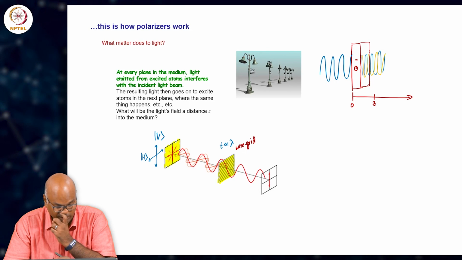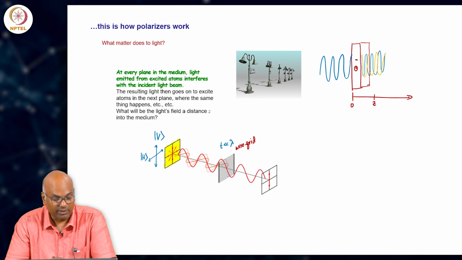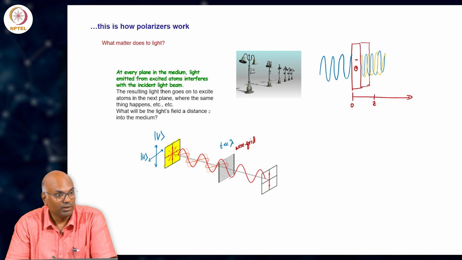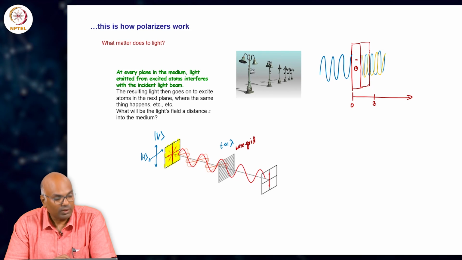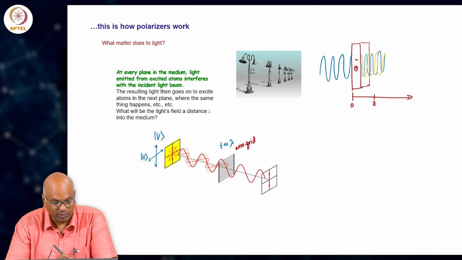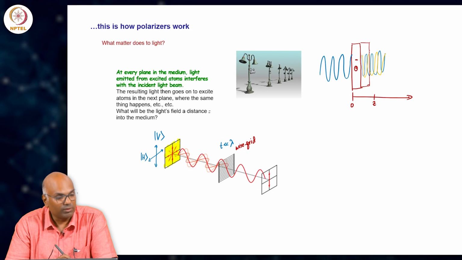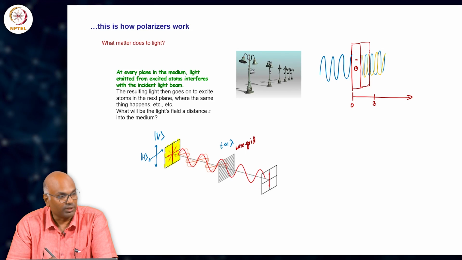Now, note here the direction of the wire grids shown here and the polarization of the wave emerging out, the polarization that survives and gets transmitted through the polarizer. They are both orthogonal to each other. The wires are horizontal and the transmitted polarization is vertical.